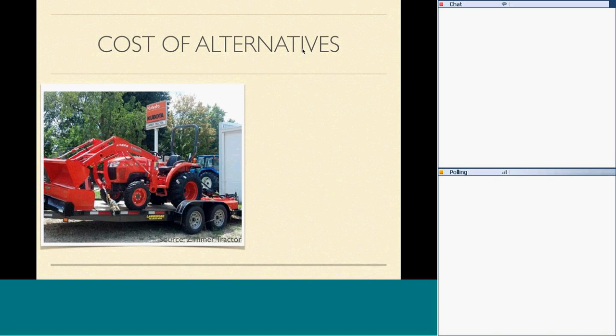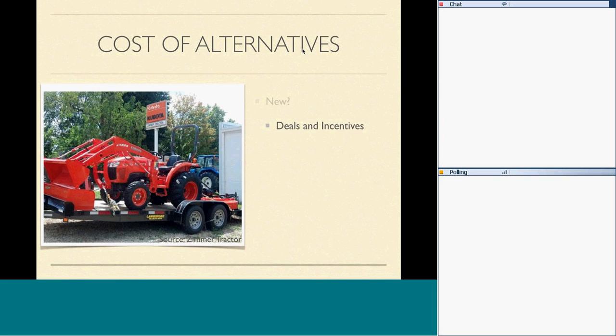Another thing we need to look at is the cost of alternatives. This is what we're talking about if we're purchasing new or if we're purchasing used and what our alternatives are. Here's something I'd like to bring up: deals and incentives sometimes offered by dealers. In this picture, this is from a dealer that I know, and this is a package that they put together.